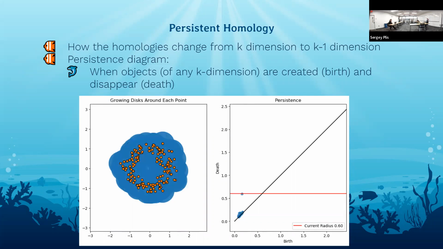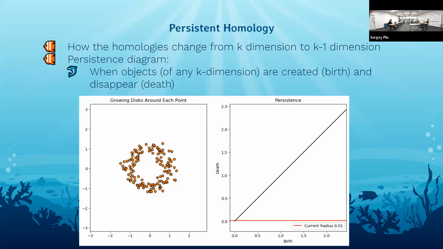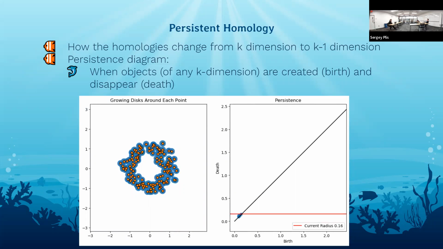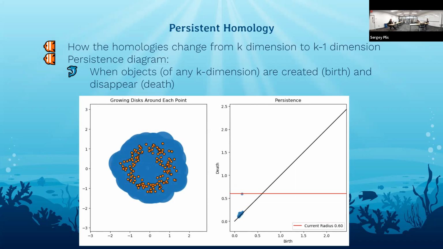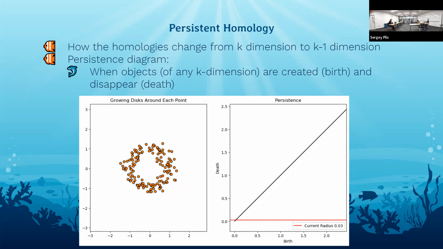I guess it's not 1, it's 0.6, let's say. At the radius 0.6, there's only one object now, just this whole disk across all the points. And that's when that circle has died, and so all the points are dead at that point. Are there questions?